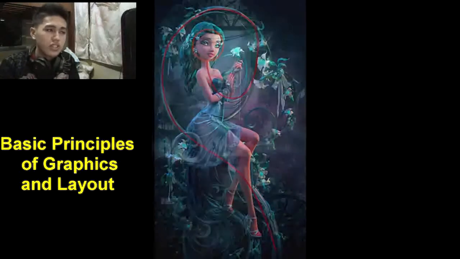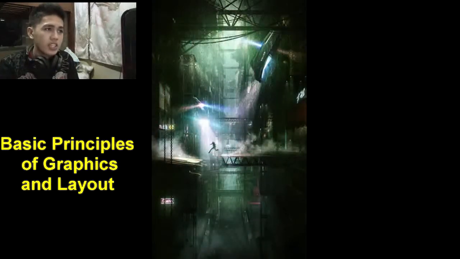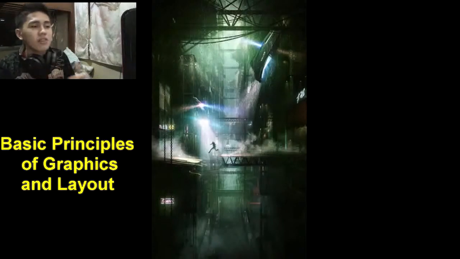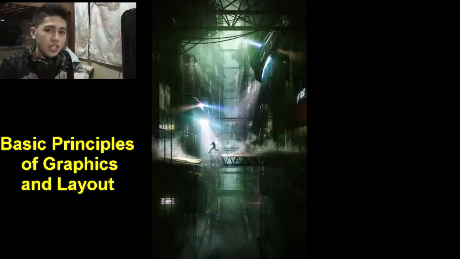If you want another example, this is another one. This is a graphic design of a metro or a steampunk community, as in most science fiction. In this picture, there's a man jumping. Why can you say that you see a man jumping? Because it is emphasized that that is the subject. That's what the creator wants you to see.